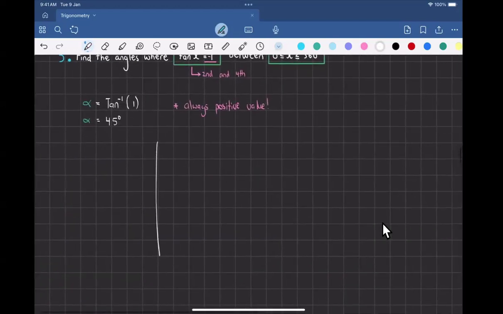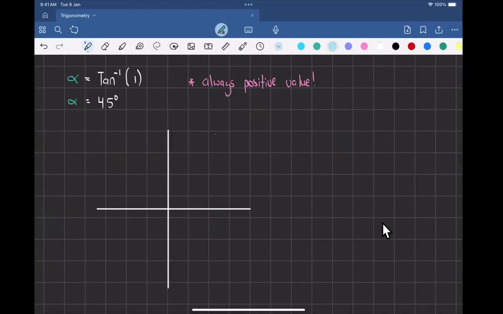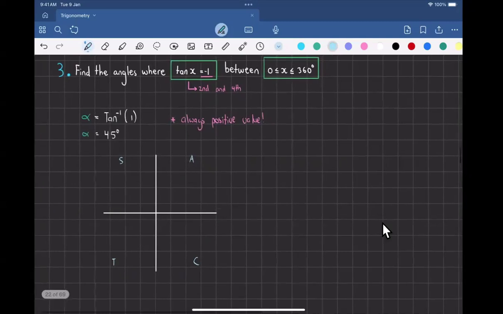So I'm going to draw my quadrants real quick. And like you said, my answers are going to be in the sine and cos quadrants. So if I wanted, all I had to do was I could have just put the reference angles in those quadrants.